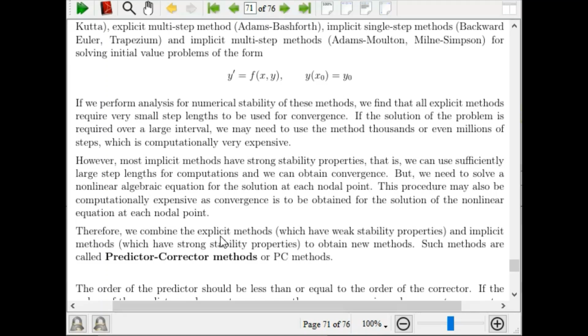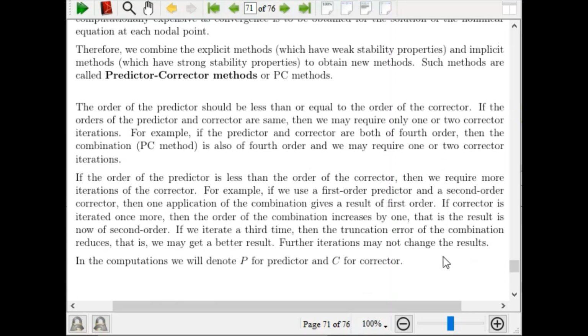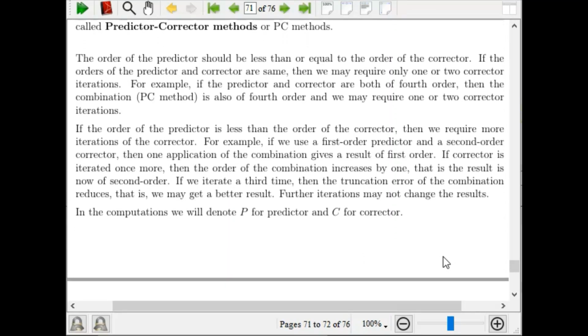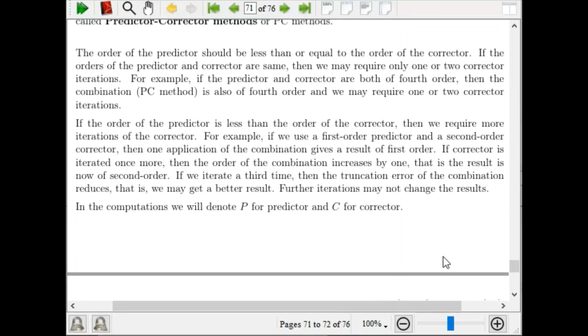So we start with the explicit and finish with the implicit, so that we can get a more robust, more fine-tuned solution. And that is what we have as the PC method.